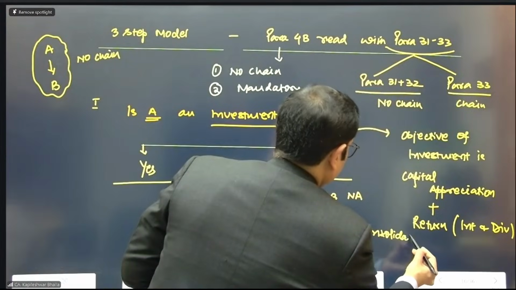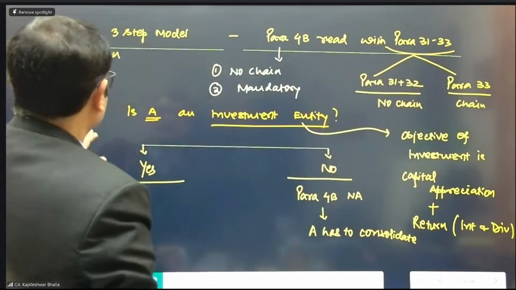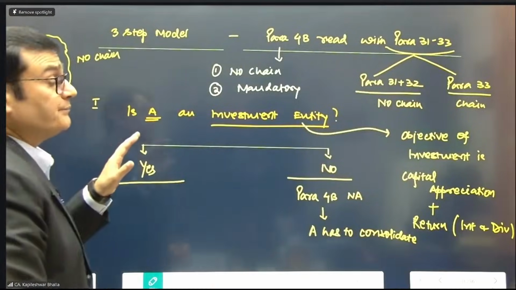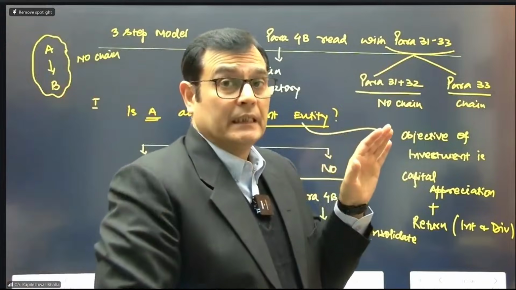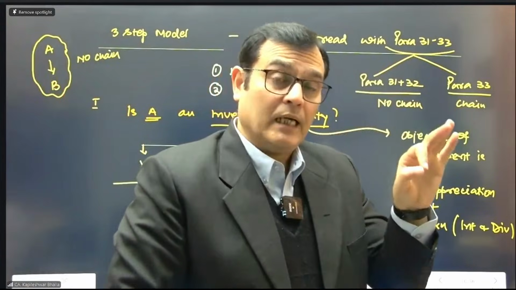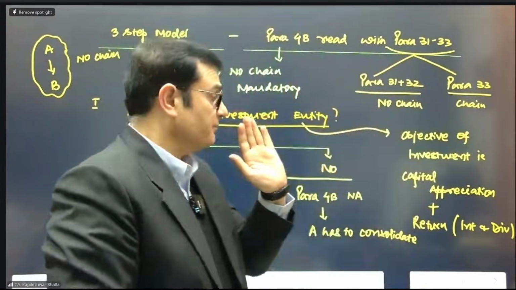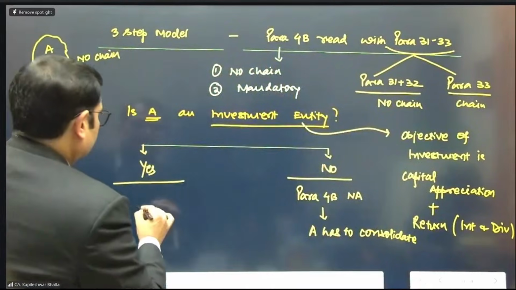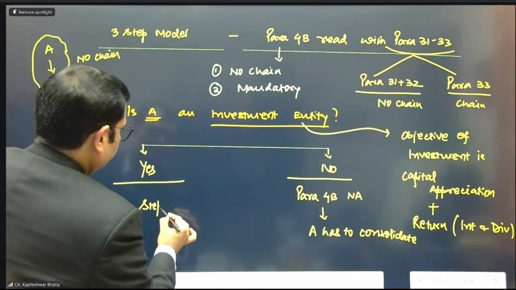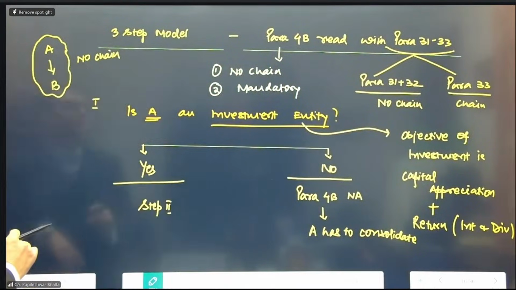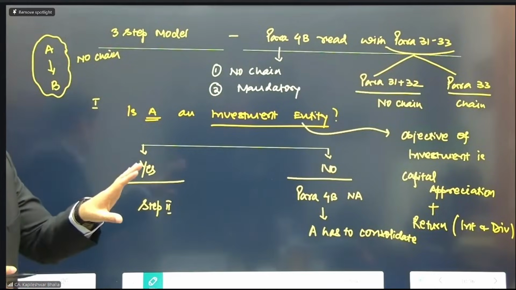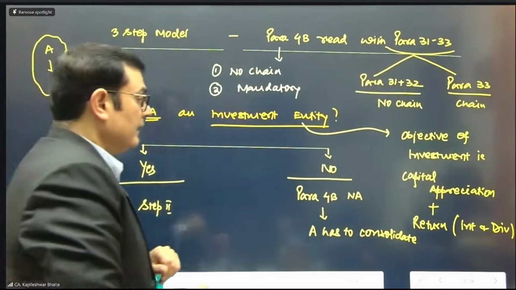And since there is no chain, he cannot apply 4A. I will tell A, you have to consolidate. But if he says yes, then I go to step number 2. Let's have a look now at the second step.